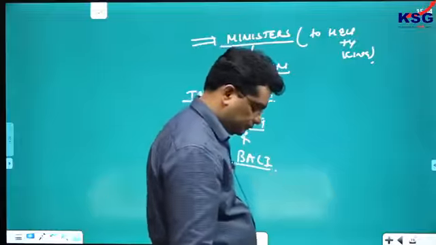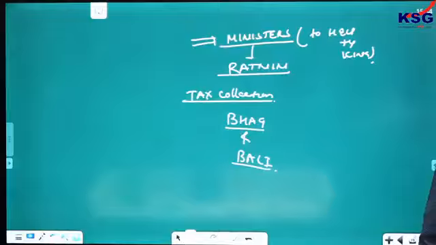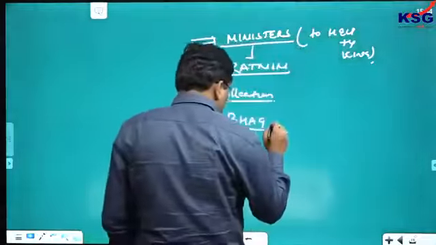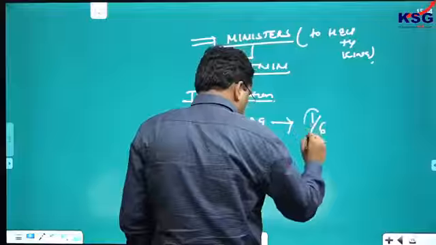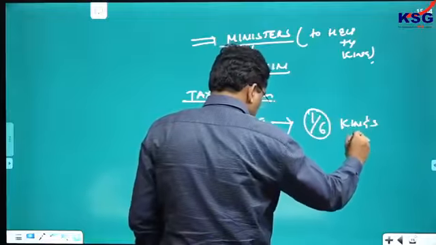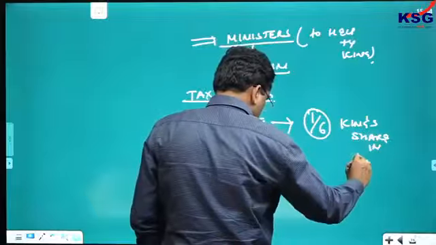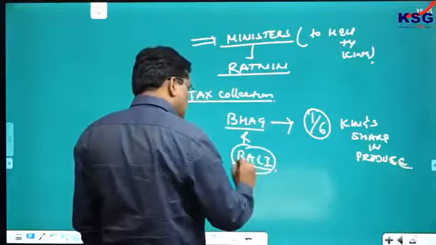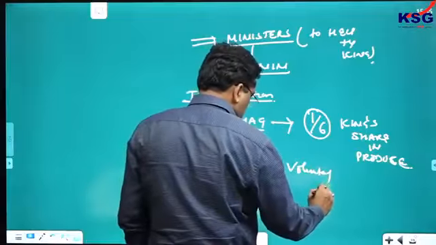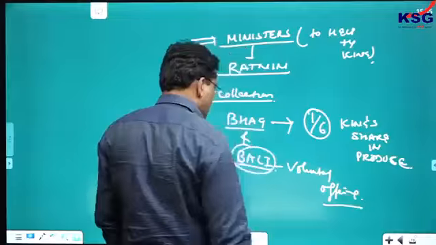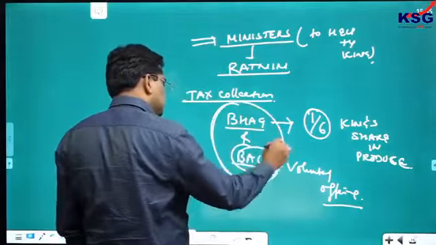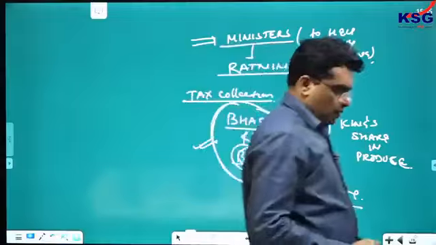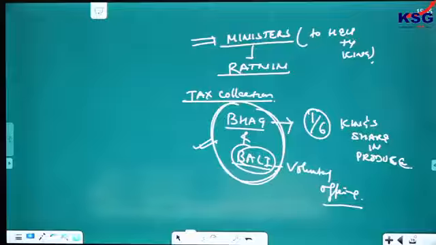Bhag was the king's share in produce, and Bali was a voluntary offering.